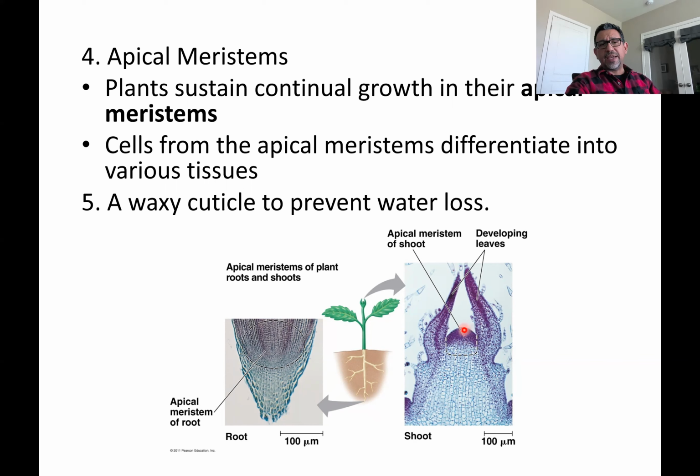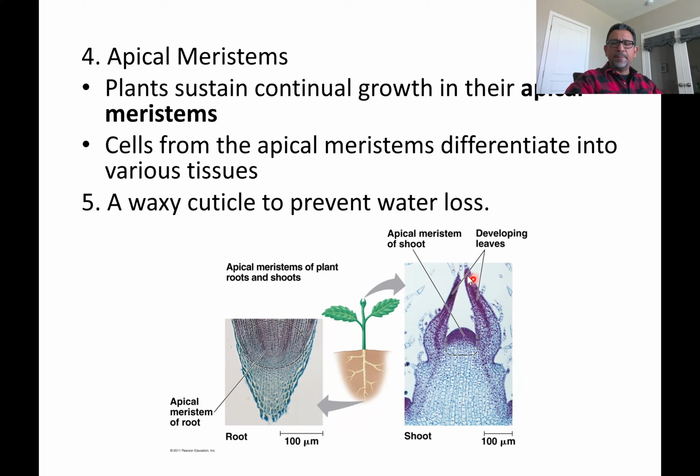And you can also find apical meristem at the tips of roots, where the root increases in length because more layers of cells are added by mitosis. Similarly, in the apical meristem where leaves are being made, those cells are engaged in a high rate of mitosis. They're making more cells, more cells, more cells, and eventually that's what makes a shoot grow and produce more leaves along the way.